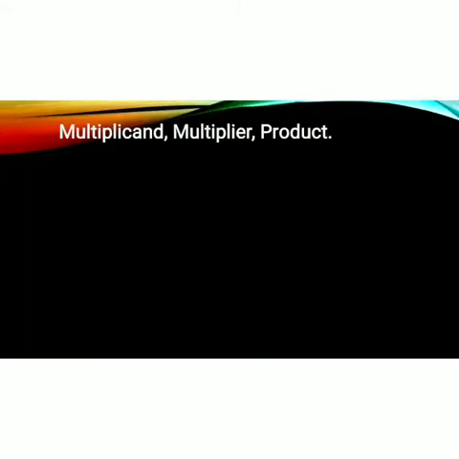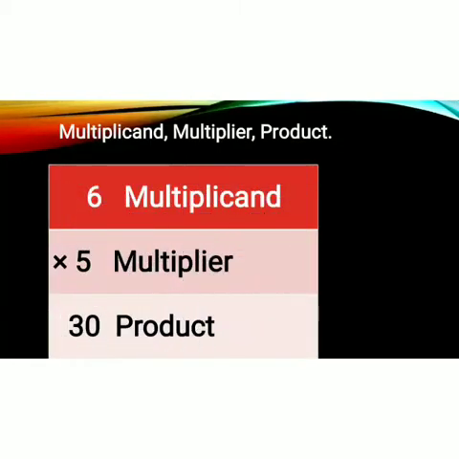Now children, here you have to understand which number we call the multiplicand, which number we call the multiplier, and which number we call the product. Now here I have taken one example, 6 multiplied by 5 and the answer is 30.